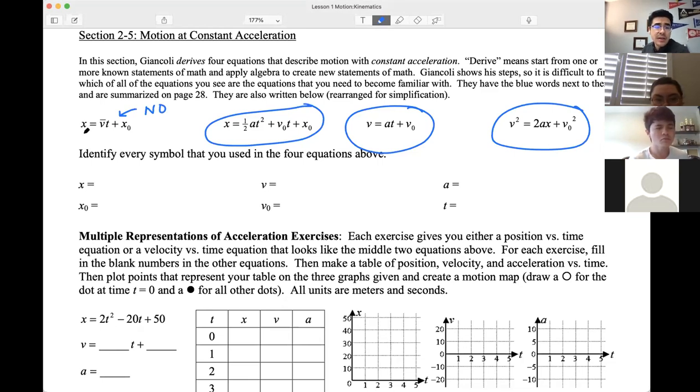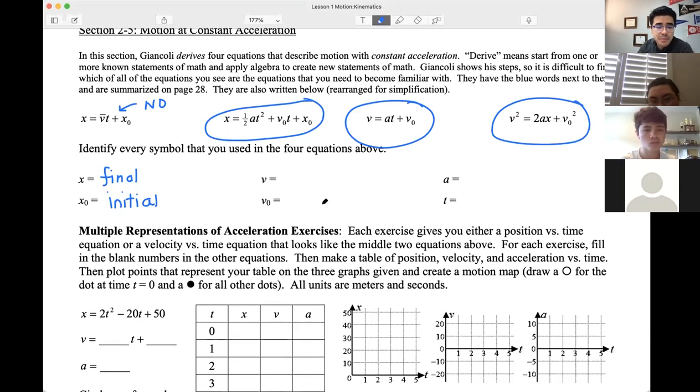This one's literally the distance equals rate times time formula. And you should be familiar with what these things mean. If they don't put a subscript next to it, that's going to be the final, and anything with the little 0 next to it is going to be the initial. So I think this should all make sense, and I'm not going to spend too much time there.